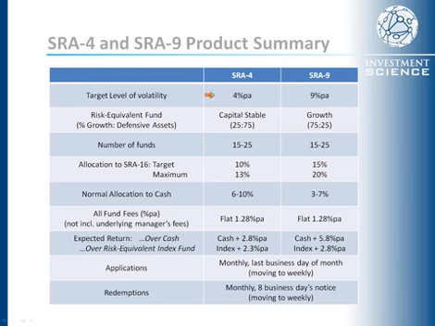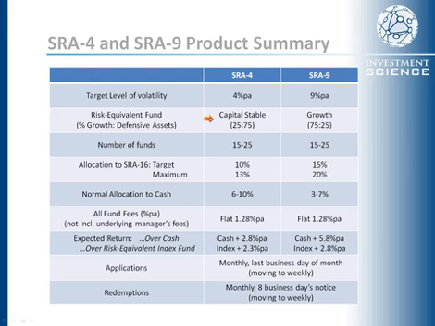So the point that we start with is just a total risk approach, a total risk target for the product, which we consider to be risk equivalent, 4% for the SRA 4 and 9% for the SRA 9. The numbers in the name, so we consider that naming scheme to be more relevant with regards to the damage that the portfolio can do to your wealth, rather than seemingly arbitrary but reasonably well-known industry names such as Capital Stable and Growth.